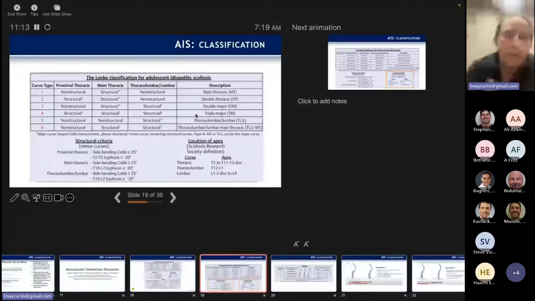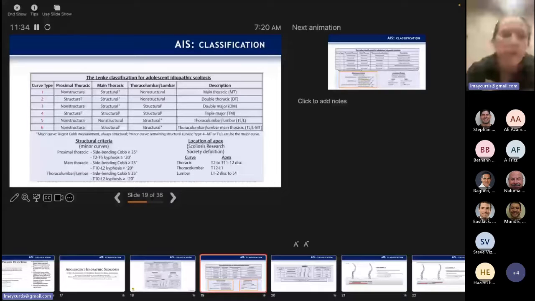Type 4 is triple major, where all 3 curves are structural. Type 5 is where your structural curve is thoracolumbar or lumbar. And type 6 is where you have both a structural thoracolumbar and a main thoracic curve. And those are your types. So not too bad there.